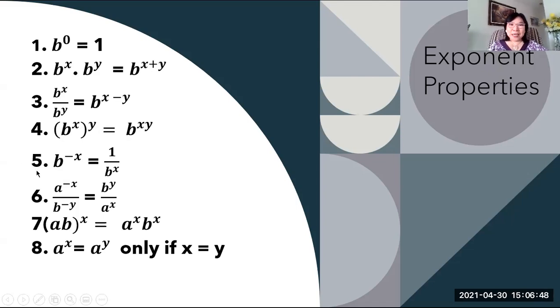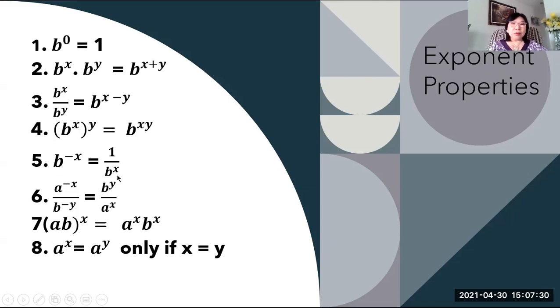Okay, I go to the next property, which is b to the power of minus x. Now in math, when you have a negative power like that, you can convert it into a reciprocal fraction, because any base here you can put a 1 underneath it as the denominator. So now all you do is twist it: the 1 goes on top and this base comes down to the bottom. The denominator goes on top and the numerator goes down to the bottom.